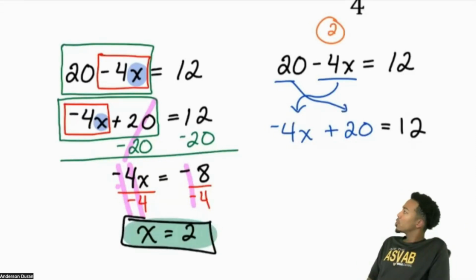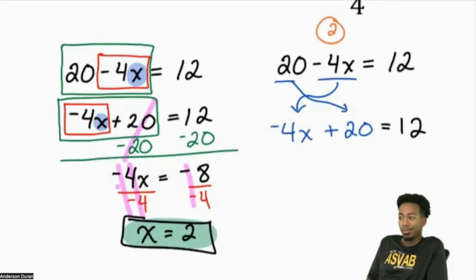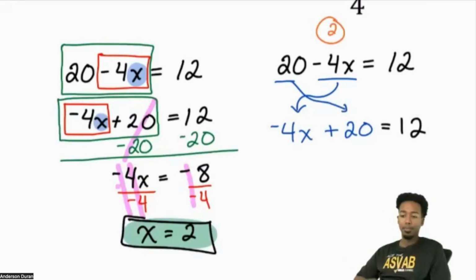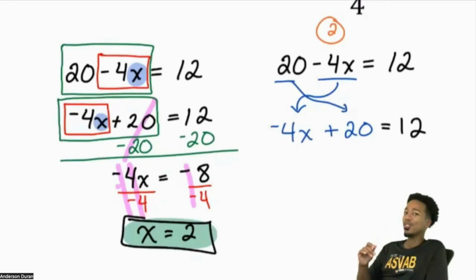Everybody, when you're looking at the negative 4x, is it true that at some point you're going to have to divide or get that negative out? Is it true that at some point you're going to have to get rid of that negative that's on the x? And for those of us following with the lag, I see you guys saying yes, but I'm going to ask one more time because, again, this is way too important to show you a shortcut here.